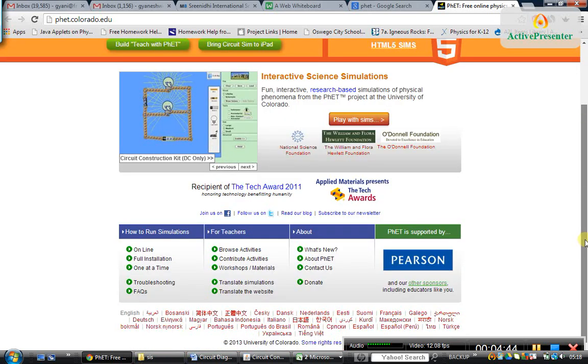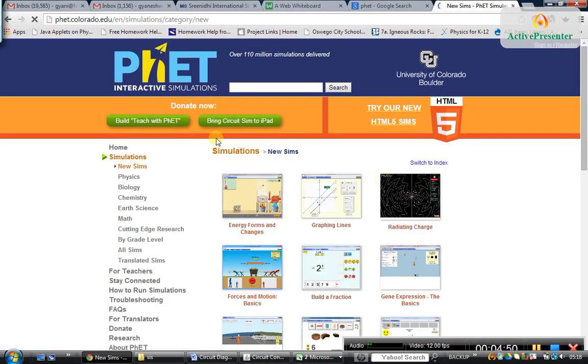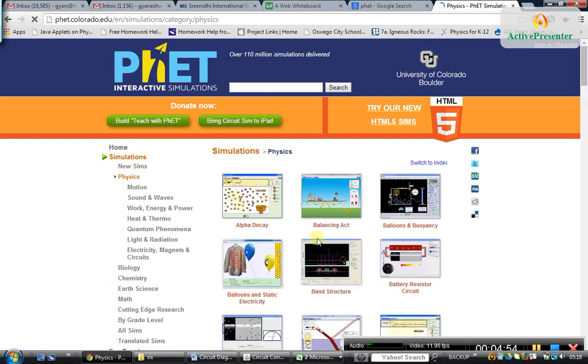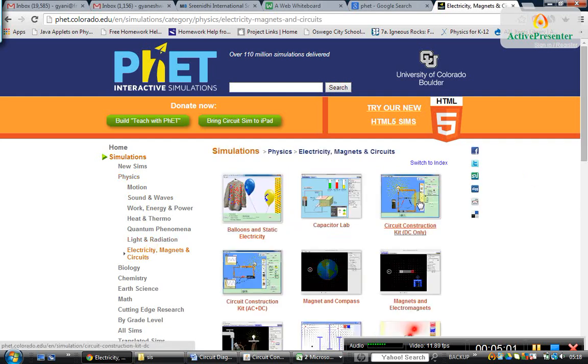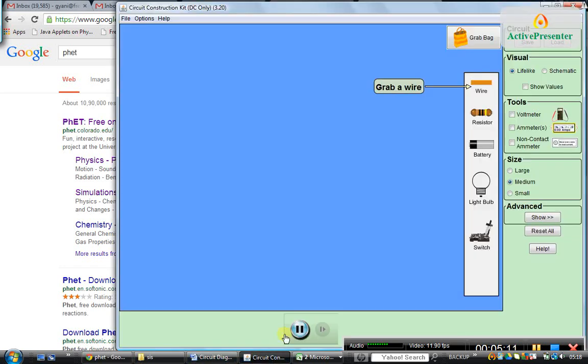Now to open the simulation for our experiment, go to play with sims, then go to physics, then go to electricity, and then click on circuit construction kit and run. Okay, now I have already installed it, so I have already opened it, so we'll go to the simulation here directly.